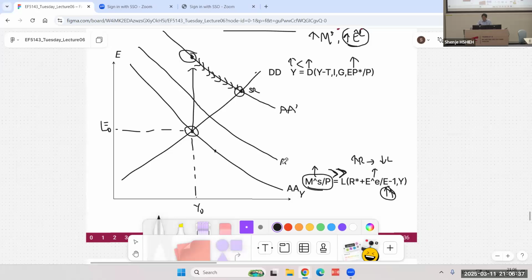MS over P is the same. And so the AA schedule is now only reflecting the expectations change. So in the long run, this point shifts down here, or this output, Y.